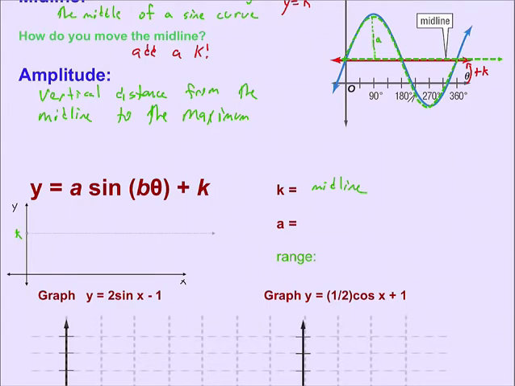And that's the middle of our graph. And then the a is the amplitude, which means it's the distance between our midline and our max, which means the maximum is going to be up here. Of course, the sine goes just as far down as it does up.